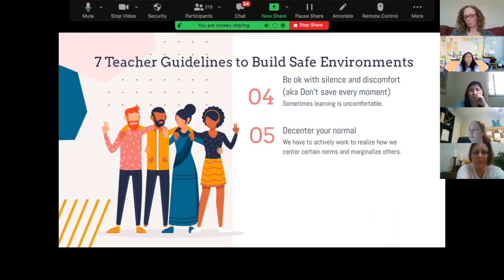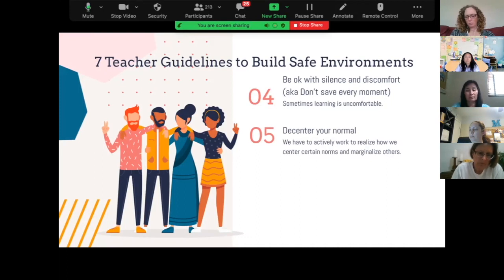Number 5, decenter your normal. So we all have what is normal for us, right? We have a lens through which we see the world because of our own experiences. And we tend to normalize everything that falls within that lens. And if things fall outside of that lens, then we tend to marginalize those things. Like, that's not normal.